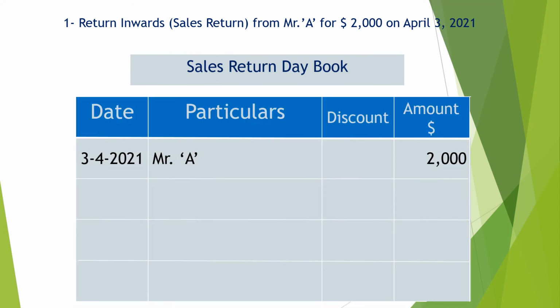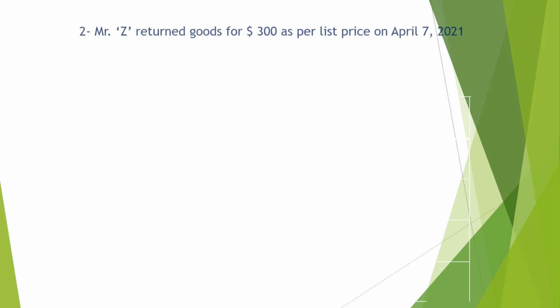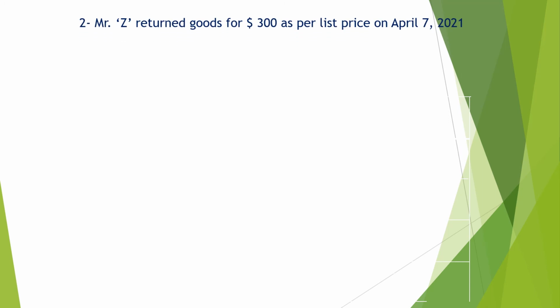The methodology of recording in the sales return book is the same as that of the sales daybook. Example number 2: Mr. Z returned goods for $300 as per list price on April 7, 2021. If you look back, when goods were sold to Mr. Z with a trade discount of 10%, the return of goods will have the same treatment, as the return of $300 is a list price and not the net.